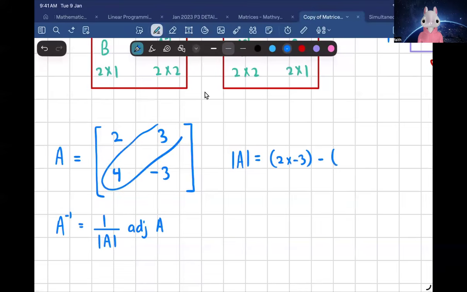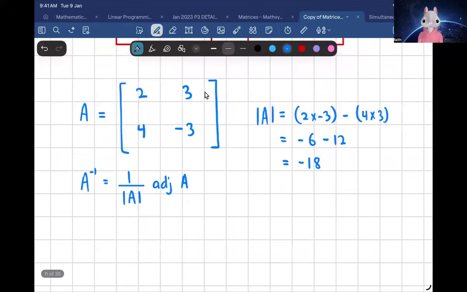The first diagonal is negative 2 by -3, and the second diagonal is 3 by 4, which is the same as 4 by 3. So 2 by -3 is -6, and 4 by 3 is 12. What is -6 minus 12? -18. Nice.